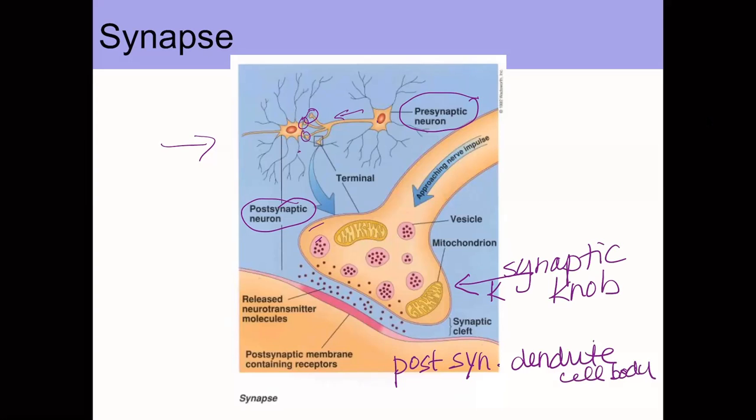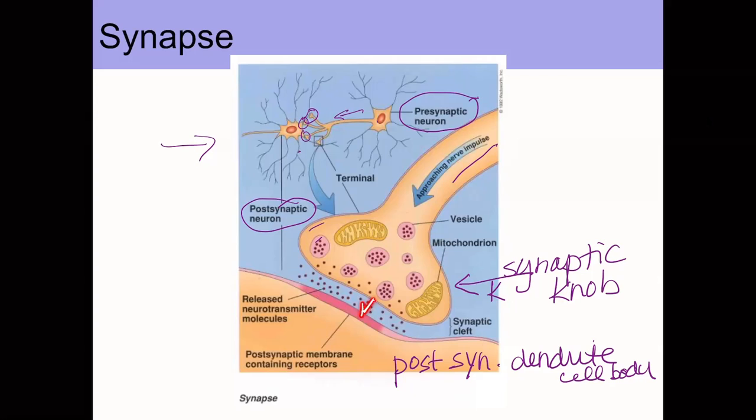Now what's going to happen is information is going to come down that neuron, and there are vesicles in here. The vesicles have neurotransmitters in them. The neurotransmitters will be released, which we'll talk about.